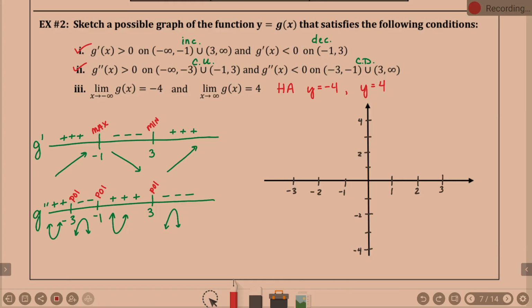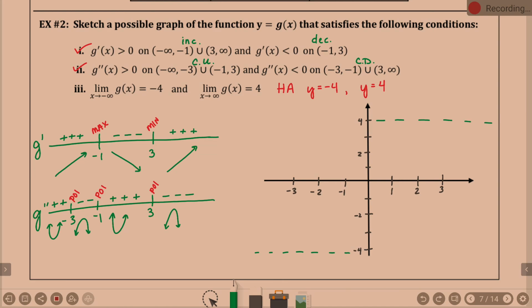So one thing I will probably go ahead and put on here: as x approaches -infinity, this is bounded by -4. So on the left, my graph is not going to go below -4. On the right, my graph isn't going to go above 4.